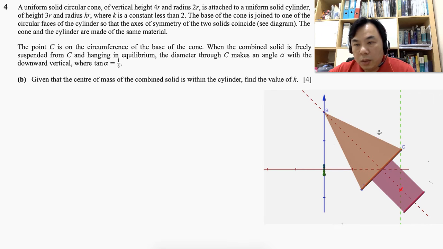We know that the distance from here up to here. Bear in mind, I'm just making assumptions that it could be somewhere here. Then again, the center of mass could be here also.